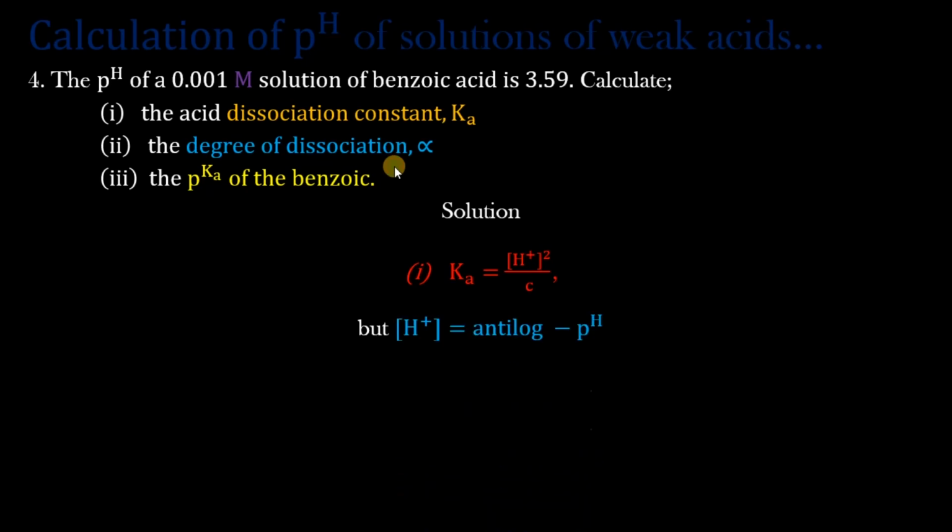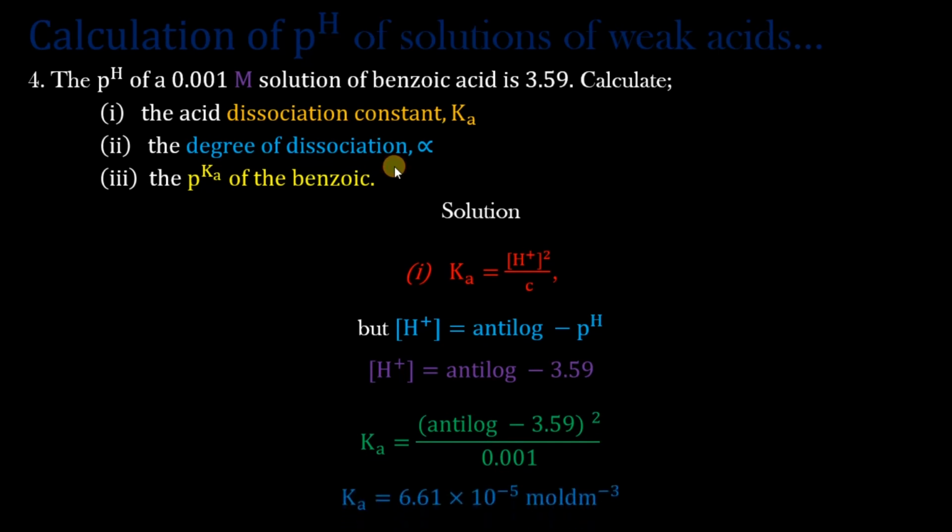So let's go. Now the molar concentration of hydrogen ion is antilog of negative pH, and we substitute: antilog of negative 3.59, which when we substitute in our Ka expression, we come up with the value of Ka as 6.61 exponent negative 5 moles per decimeter cubed.